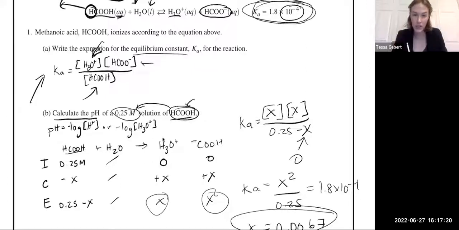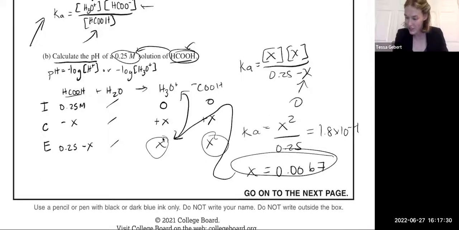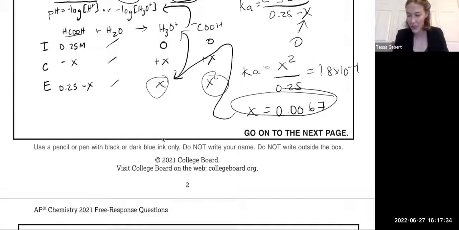They asked for the pH, not the equilibrium concentration. We got the equilibrium concentration of H3O+, that's our X right here for the H3O+, but we have this nifty equation up here, which we wrote right at the beginning, where pH is going to equal the negative log of our H3O+ concentration, which is 0.0067.